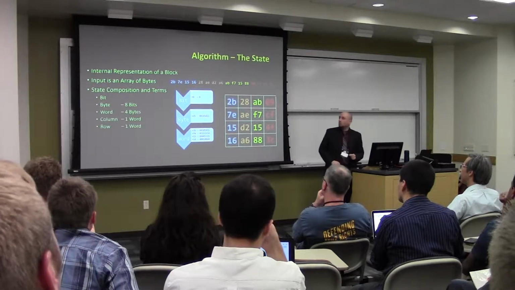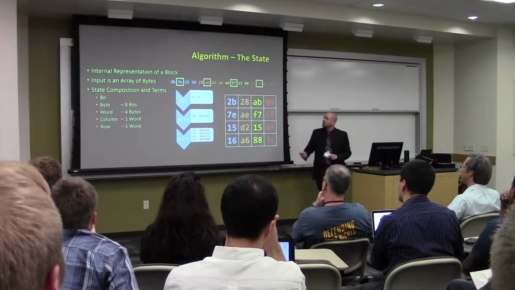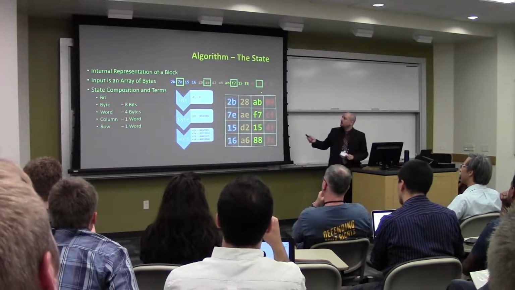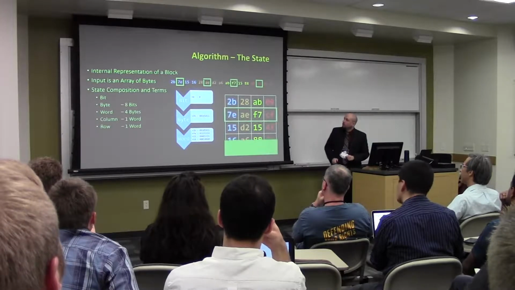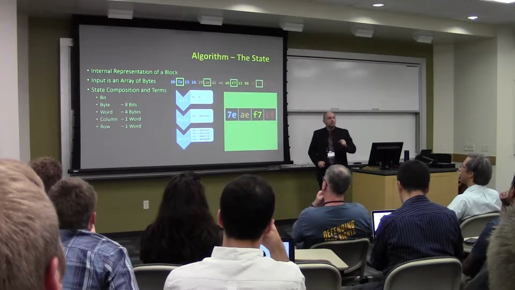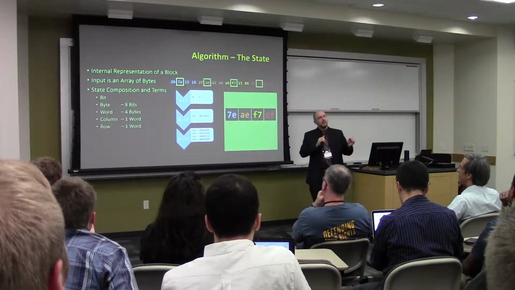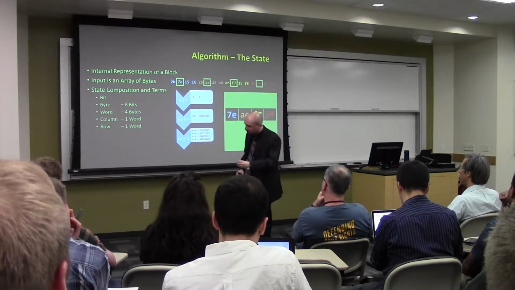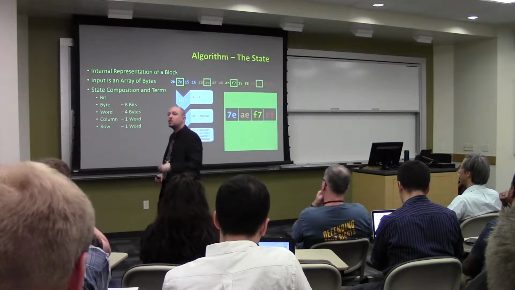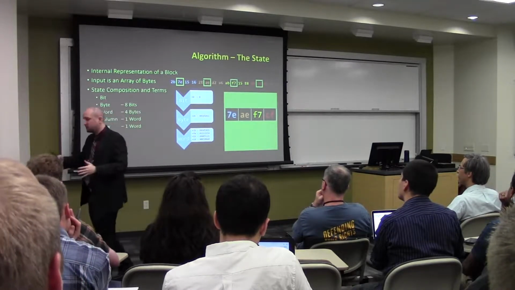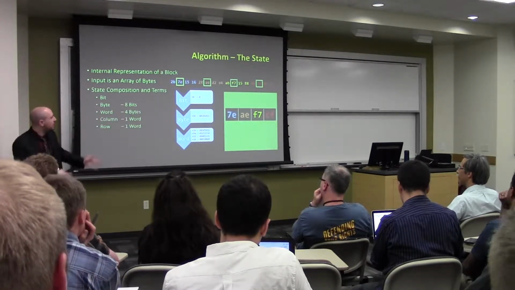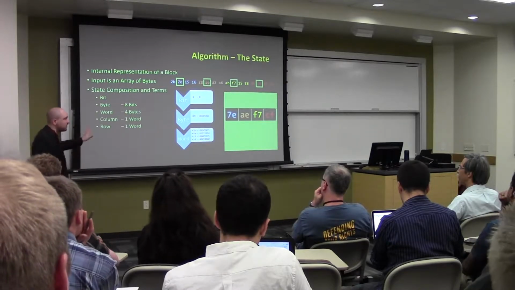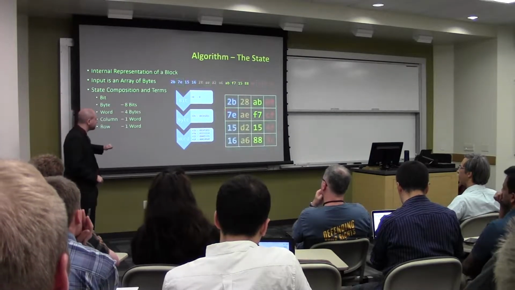A row is one word as well, and in this example, this is going to be our row. So this is how we map the input to the state. Again, all of our operations take place upon the state, so we need a way to map whatever information is coming in to the format we need to work with. So that's our background on the state.